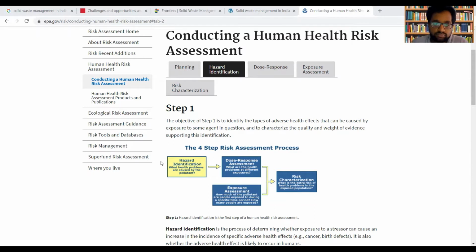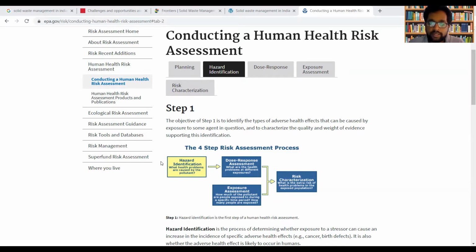Then exposure assessment, which means that during a specific time period, how much of the pollutant is being exposed, how many people are exposed, and how much of the pollutant is being absorbed. You call it exposure assessment.